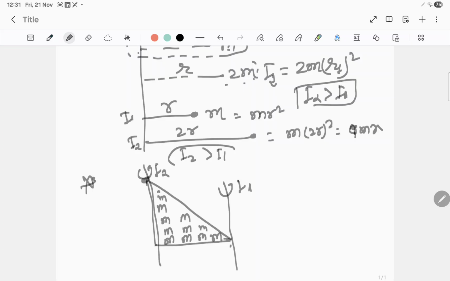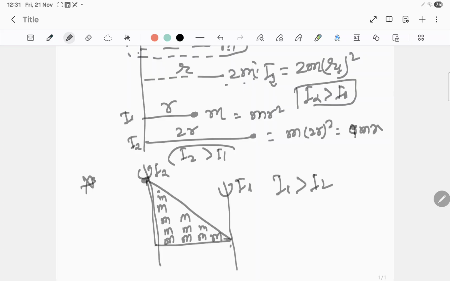If you want to find the moment of inertia about I1, the more number of masses, meaning heavier masses, will be farther from I1. So I1 will be greater than I2, and in this case the more masses will be very near to I2. So the moment of inertia I2 will be less than I1.